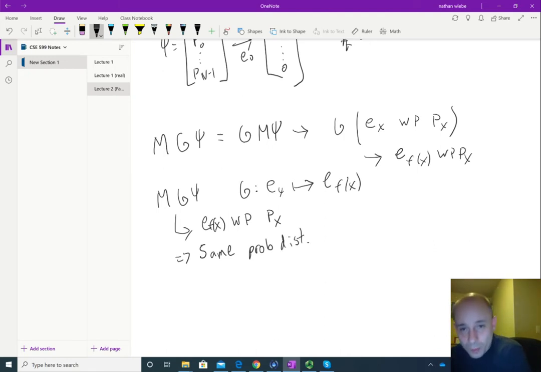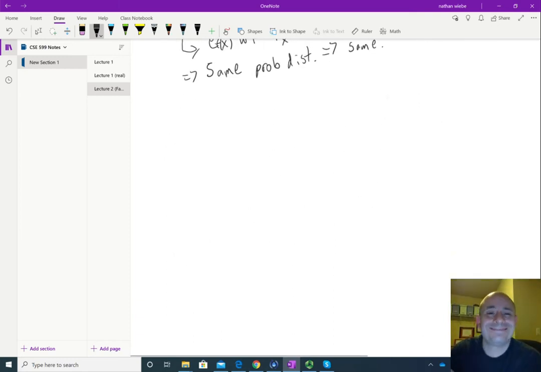Ergo, when we repeat this experiment a large number of times, these two distributions cannot be distinguished, so they're the same distribution. That means the order of measurement really doesn't matter at all. Now for quantum computing, that's going to be entirely incorrect. So without any further ado, let's start quantum computing.